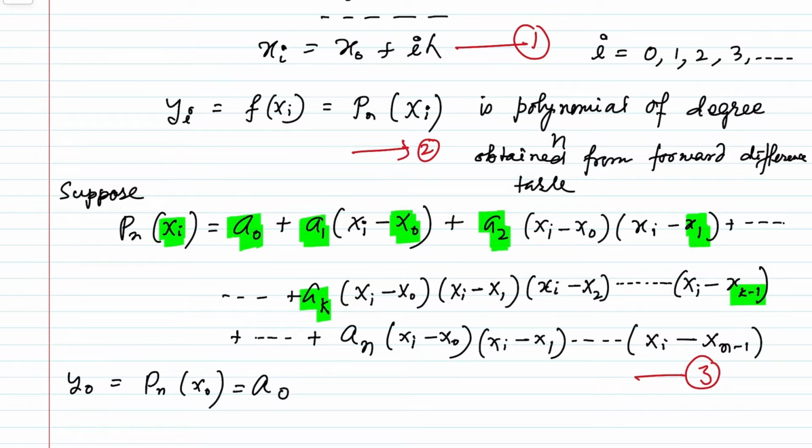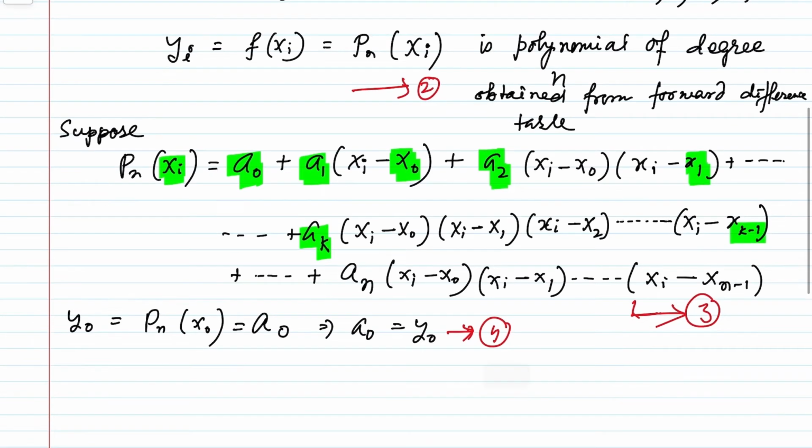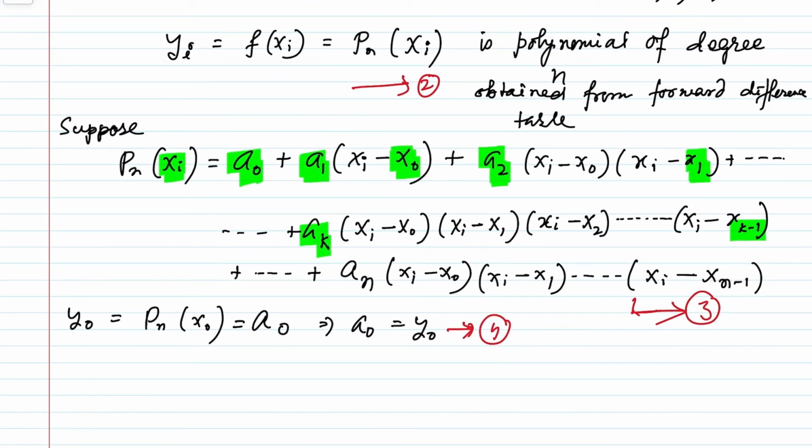So we can write a naught equal to y naught, and this is equation number 4. Okay, so let me scroll up the page.